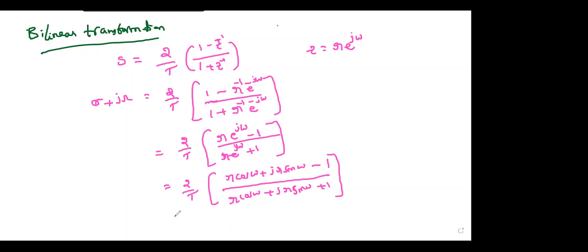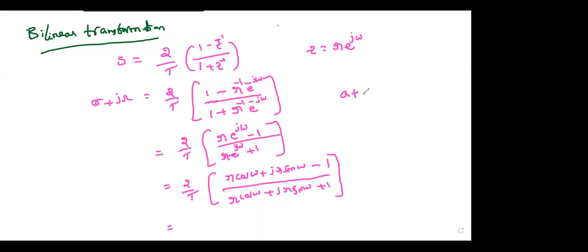Okay. Now, what do we want? We need to separate the real part and imaginary part. Real part is r cos omega minus 1 in the numerator, and denominator r cos omega plus 1. But this is complex number by complex number.